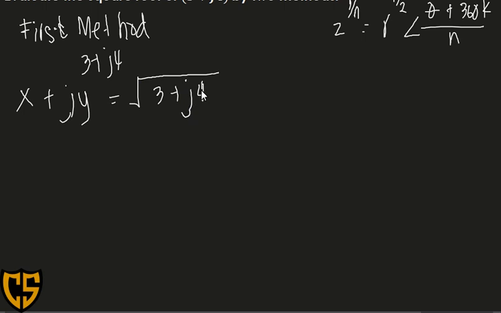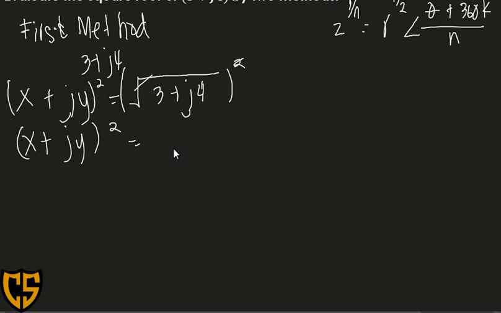So what we will do is square both sides of the equation to eliminate the square root. So we have x plus jy squared. Then, the square root cancels, we have 3 plus j4.